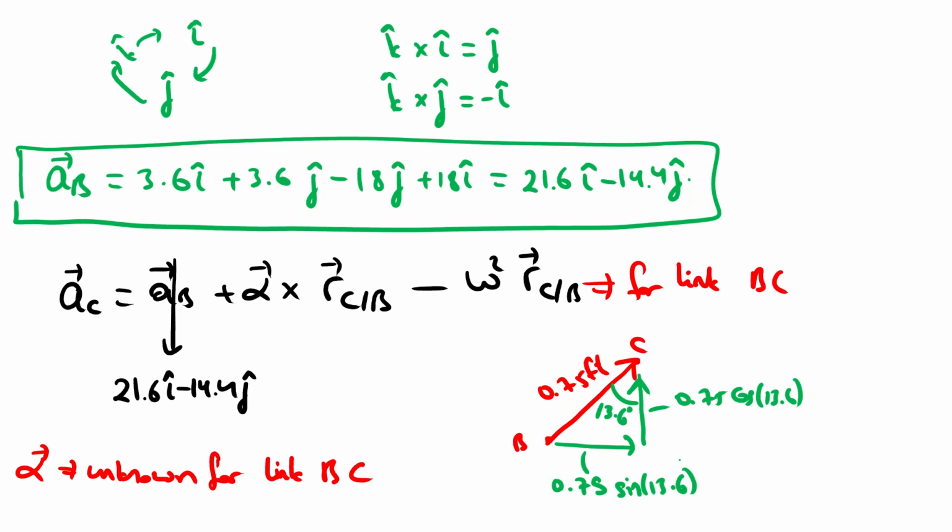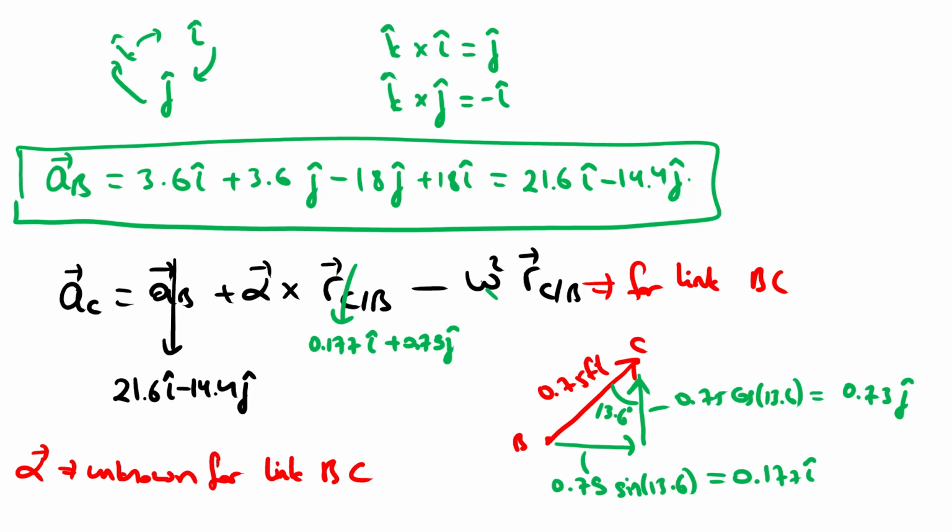If you do this calculation, the i component is 0.177 and the j component is 0.73. So we have r now: 0.177i plus 0.73j.